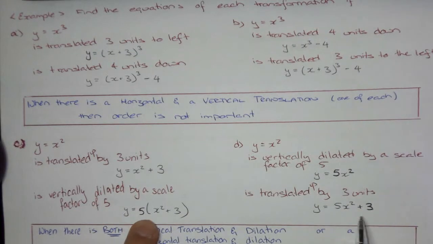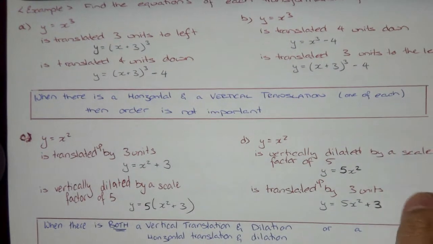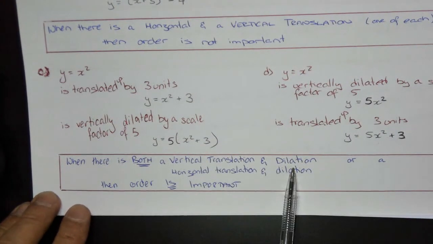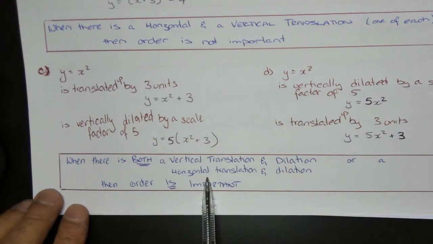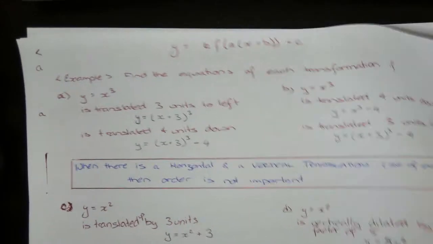These functions are not the same. So note that when there is both a vertical translation and a dilation, or a horizontal translation and a dilation, so when both are vertical or both horizontal, then order is important. So be very careful of that.